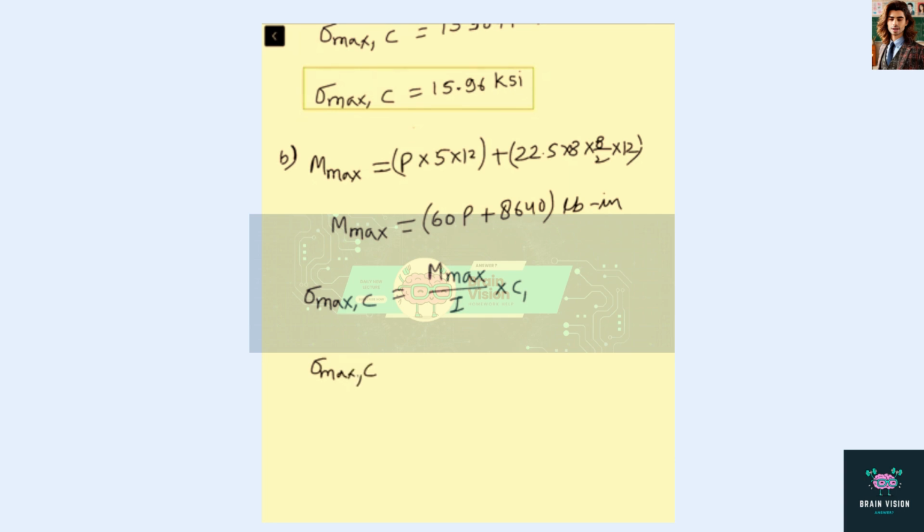Okay, so now the maximum compressive stress, sigma maximum compressive, will be equal to Mmax divided by I multiplied by C1.